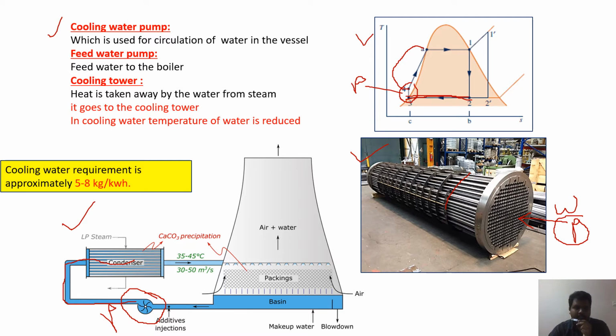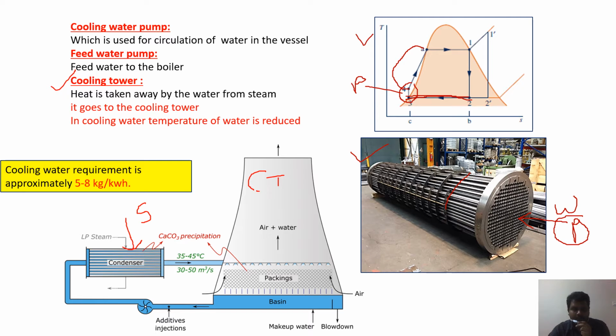The other important thing is the cooling tower. This is very important. Here you can see the condenser is connected to the cooling tower. The use of the cooling tower is as follows. The steam will flow over the tubes, and the water inside the tubes takes heat from the steam.